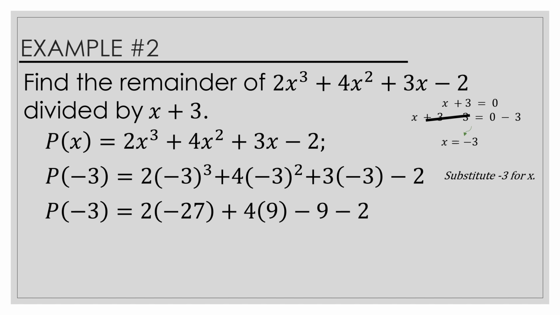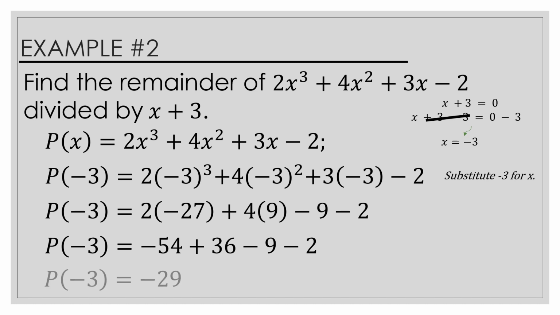Then, p of negative 3 is now equal to negative 54, from 2 times negative 27, plus 4 times 9 is equal to 36, minus 9 minus 2. Then, simplify. P of negative 3 will be equal to negative 29. And that is the remainder.